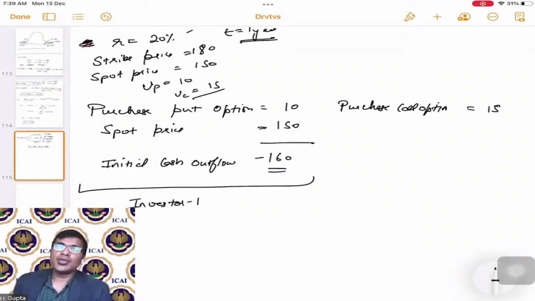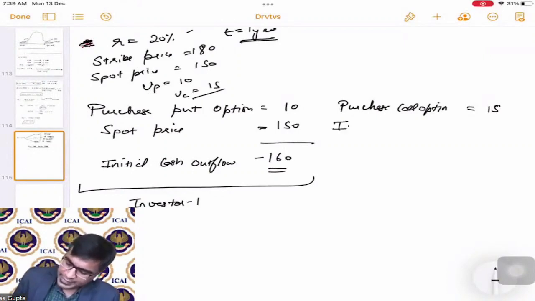That means he has to invest the present value of strike price today, so that on expiry he gets the maturity proceeds of the strike price equivalent amount, and that he uses to purchase the equity share. And this is what in our case also we have studied: invest present value of strike price.